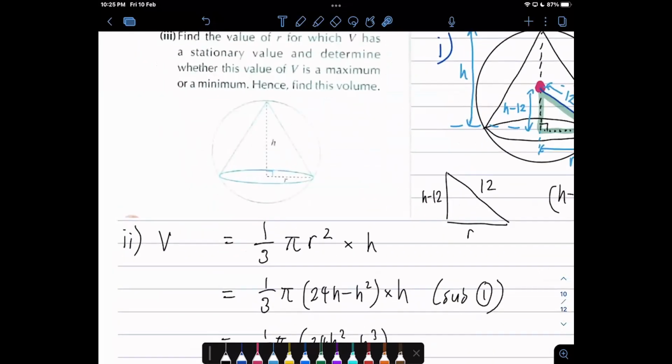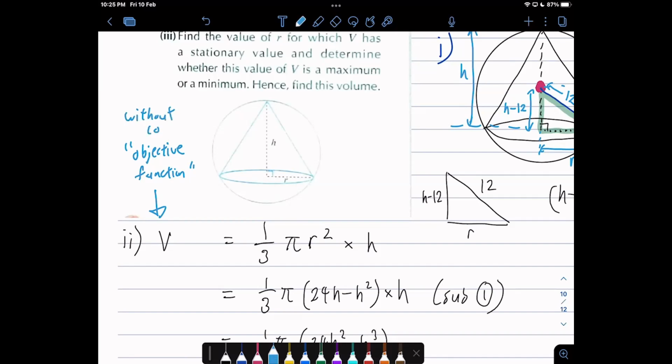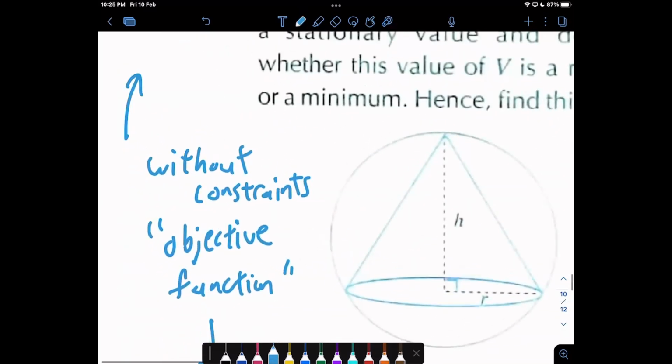Let me write it down. Objective function without constraints. What's a constraint? Out of topic already, out of syllabus already. But in the future, you'll learn more about different techniques to optimize functions, such as, let me just write down some of the funny names you'll hear.